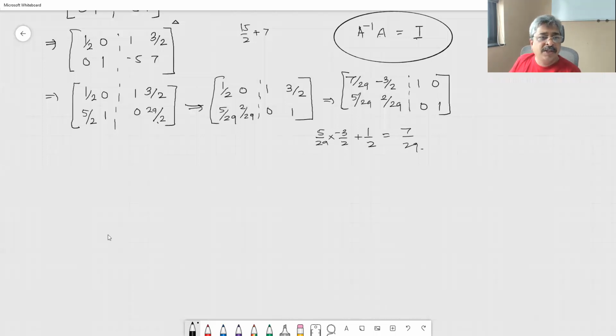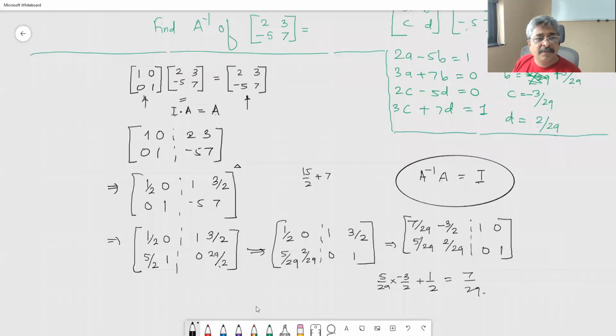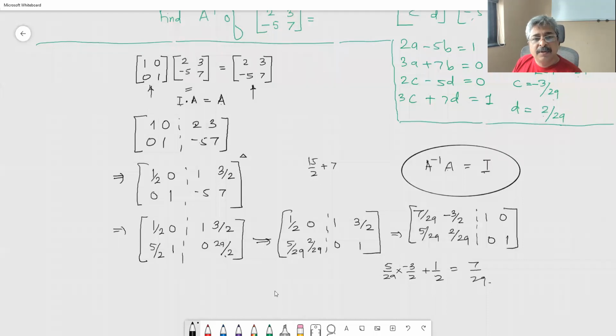As far as 2 by 2 is concerned, it is very simple. Once you do two or three 2 by 2 matrices, you will get to know. What has happened is these principal diagonal elements got flipped. Eventually 7 and 2 got flipped, and the other diagonal elements were also flipped, 5 and minus 3, but they should have been minus 5 and 3, so their signs were also changed.